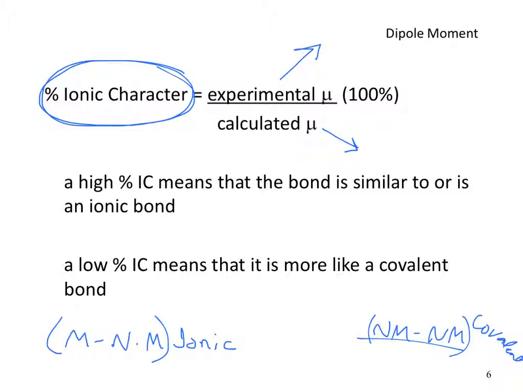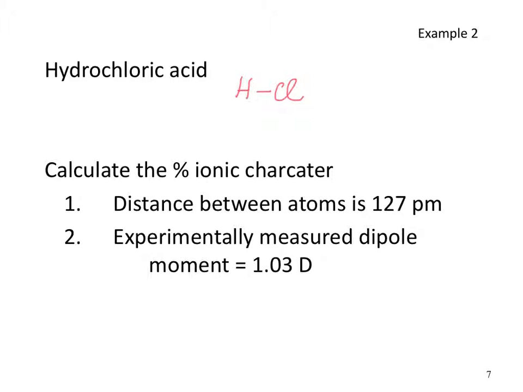A higher value of percentage ionic character would mean that the bond is more similar to an ionic bond. On the other hand, if you have a real low value, that means it will behave more like a covalent bond. Let's work on an example.